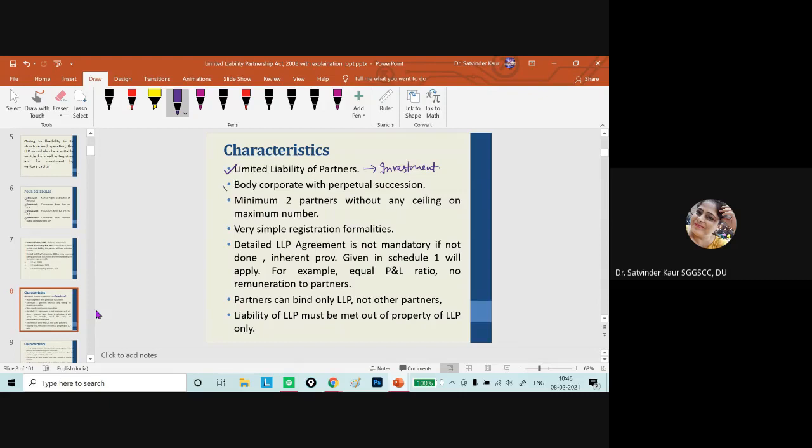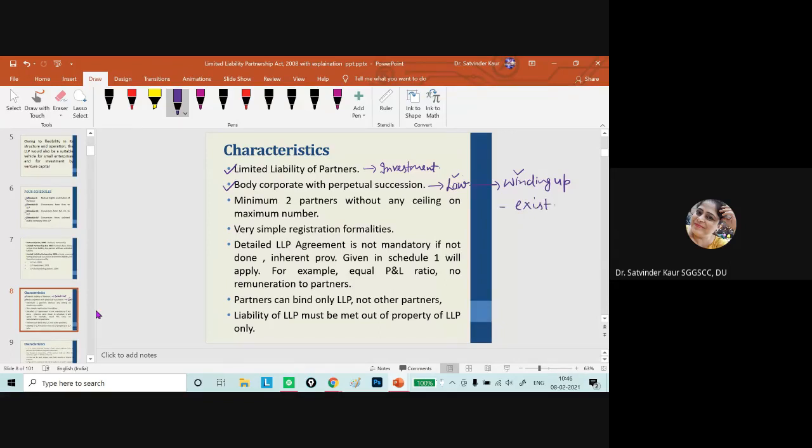Then another feature of the LLP is that it is a body corporate with perpetual succession. It means that this particular organization exists within the provisions of the law. The winding up will take place within the provisions of the law. From its existence till winding up, it continues to exist.